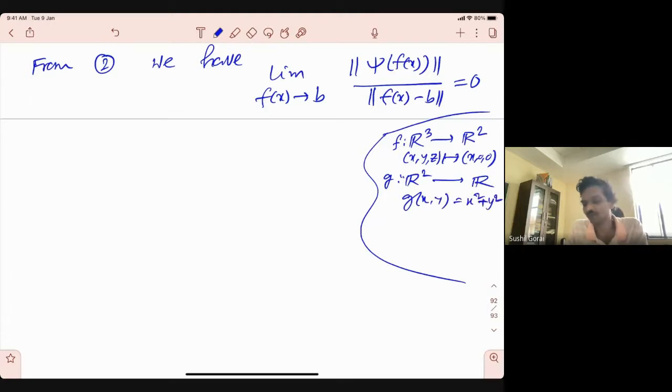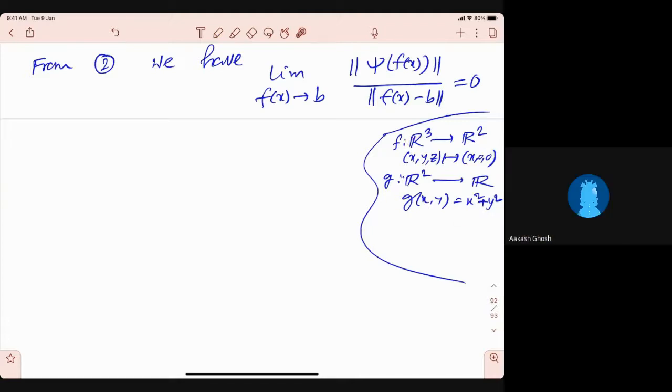So you get one direction. If you go in the range of f, you might not get all the directions. You might not get two directions here. Is this fine? Yes, sir.